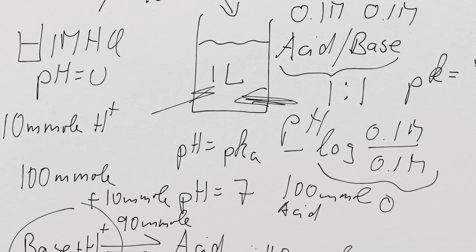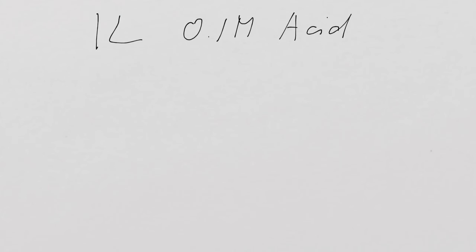We said we have 1 liter of 0.1 molar acid solution. How many moles is that? Can we do the calculation? Well, we do that with a dimensional analysis again.